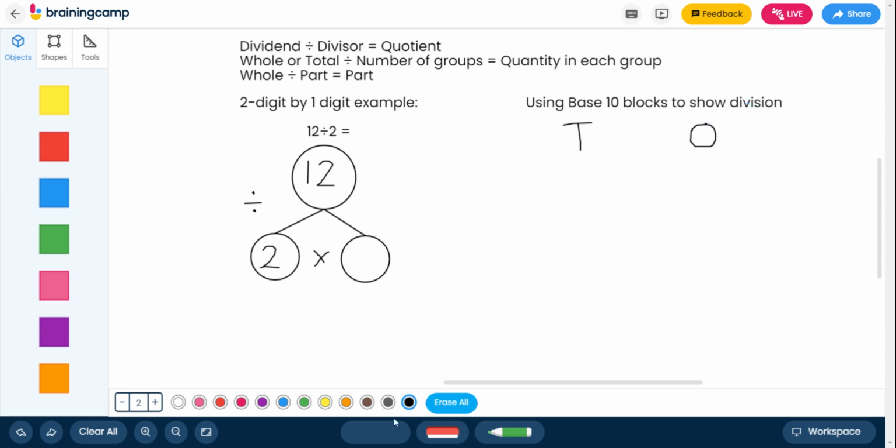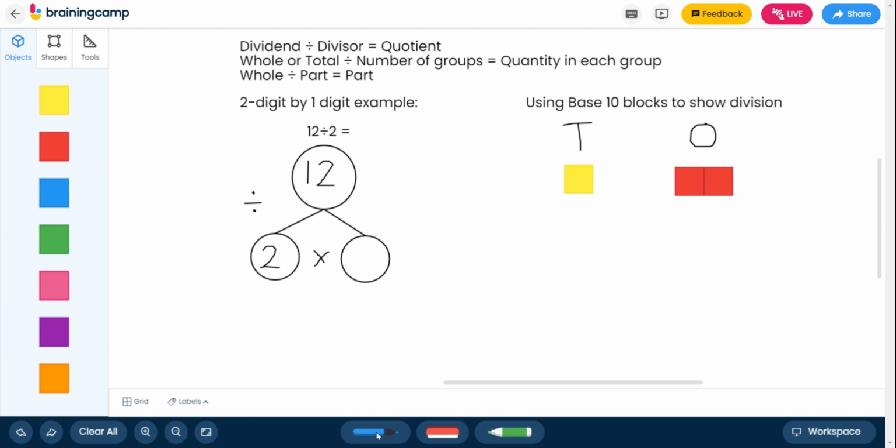I can do that. So I'm going to have my 10 in yellow. 12 is made up of 1 10. I'll use red for my ones and 2 ones. So 12, we have 1 10 and 2 ones.